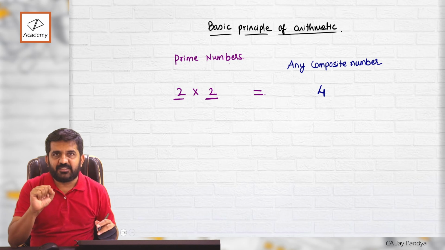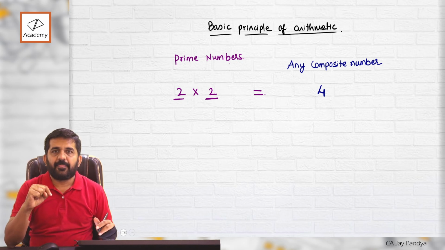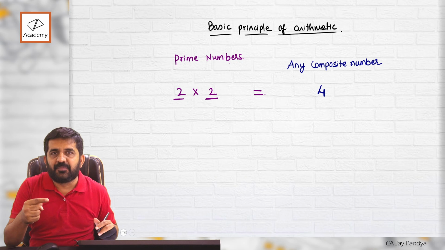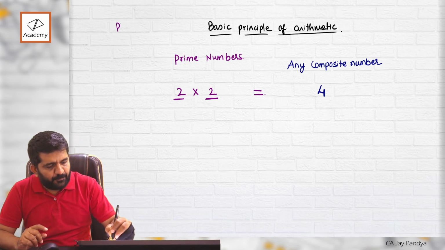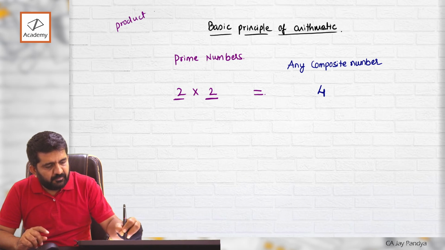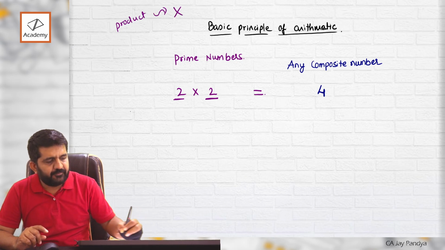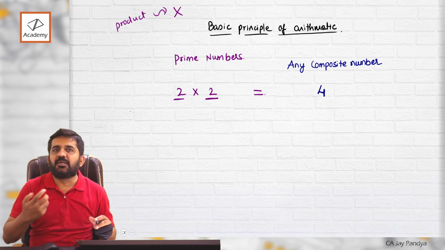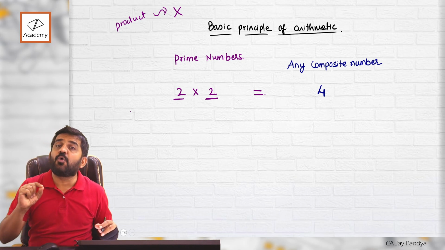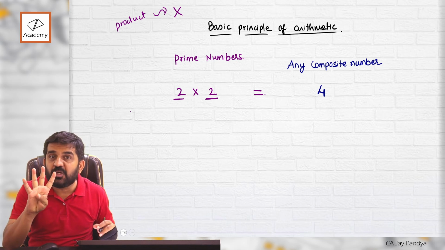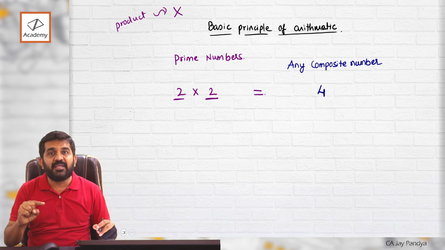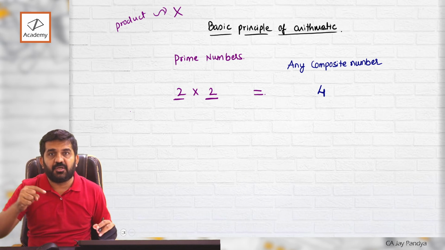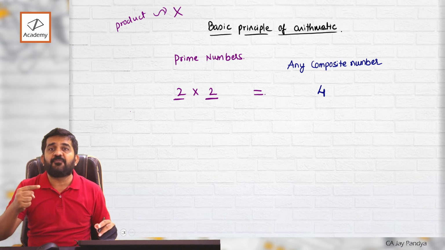What does the rule say? We'll also repeat it. Any composite number is a product of prime numbers. When I say product, it means multiplication, right? Product means multiplication. Any composite number, I am not talking only about 4. Any composite number will be a multiplication, a product, of prime numbers.